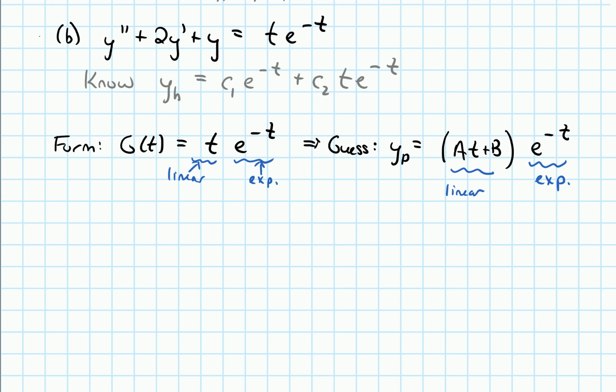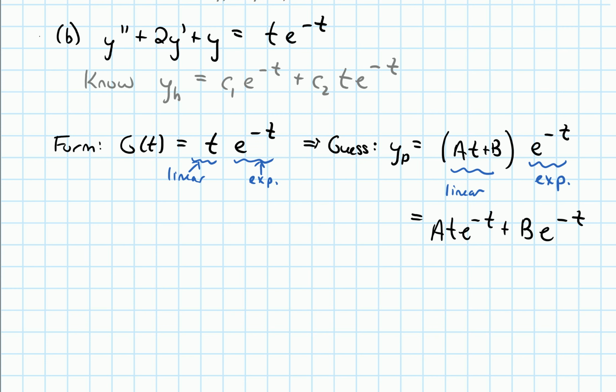All right, so now let's see if yp and yh have any overlap. To check that, let's distribute in e to the negative t. If we do that, we get a t e to the negative t plus b times e to the negative t.